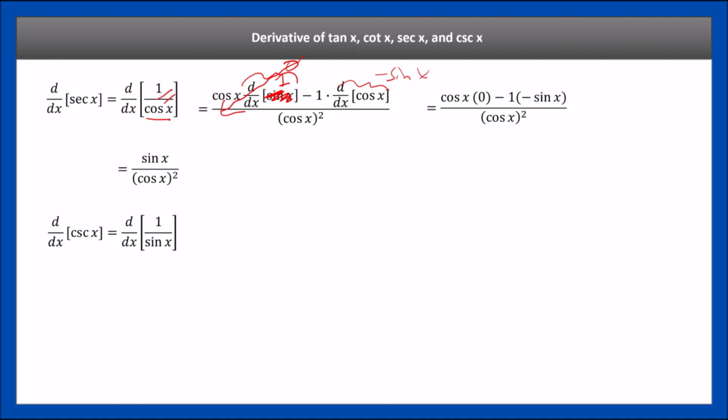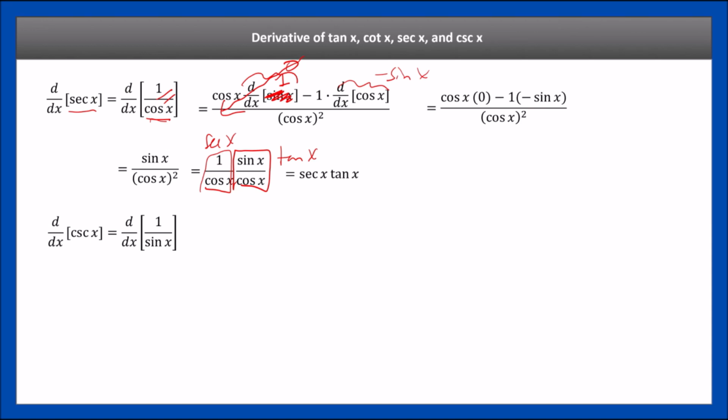All right, and then we're going to split this up into sine over cosine and then 1 over cosine. So notice that there's 2 of these, so it's squared, but we just split it up. And then we know that this here is tangent, and this here is secant. So the derivative is secant x tangent x. So the derivative of secant is secant tangent.